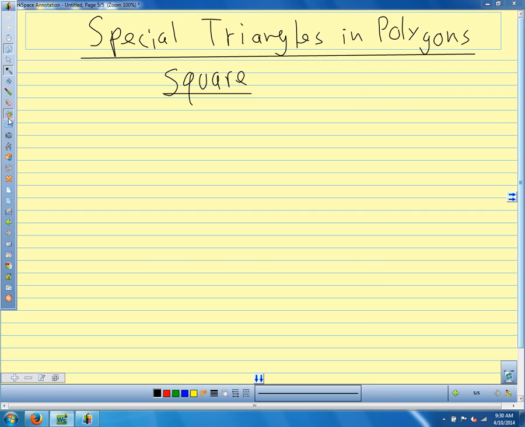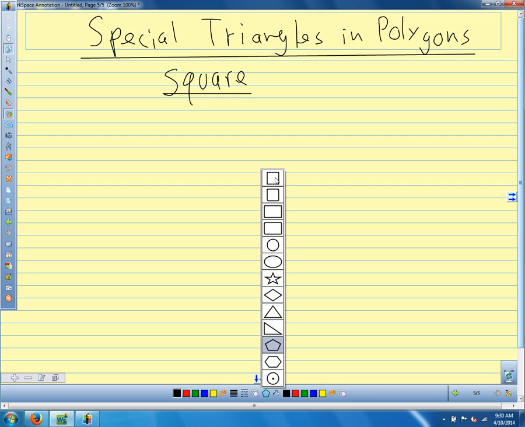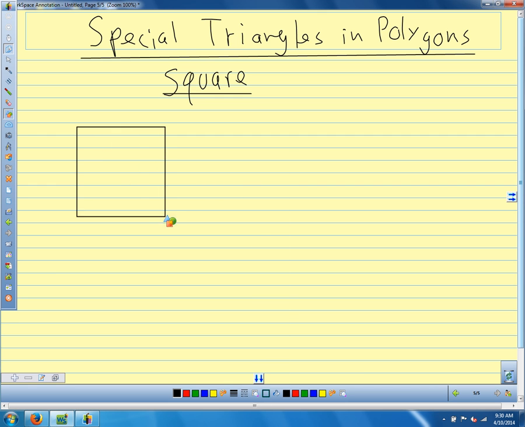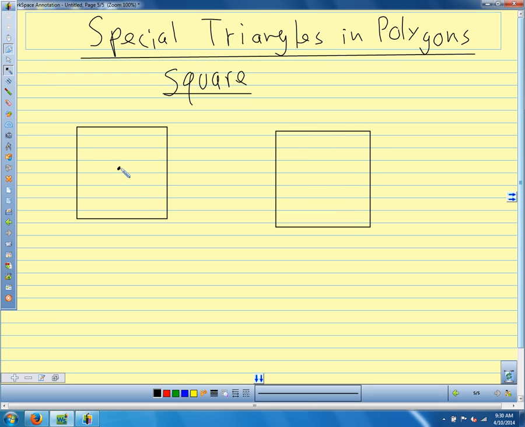So I'm going to draw 2 squares. There's 1. There's 2. There's the center of my square. There's the radius. And there's the apothem.